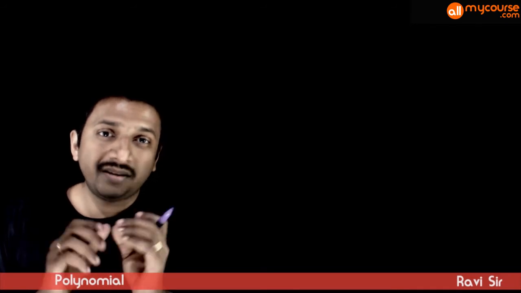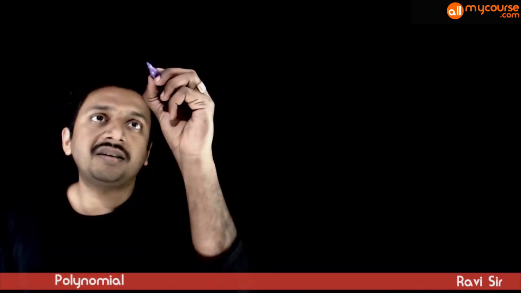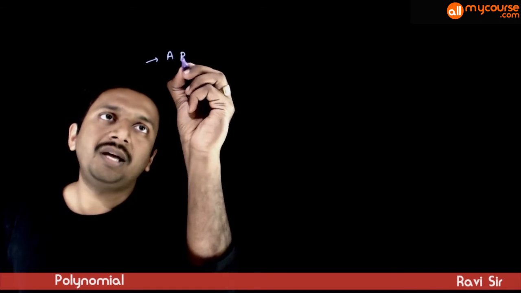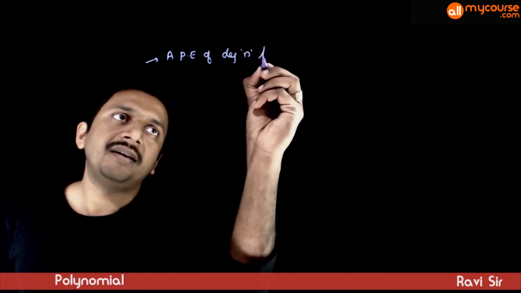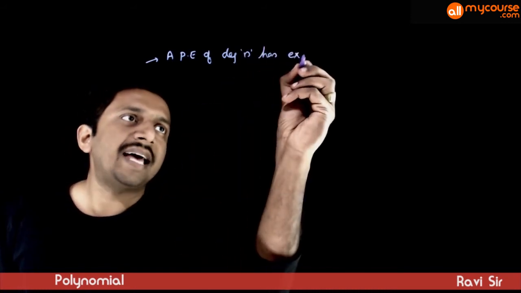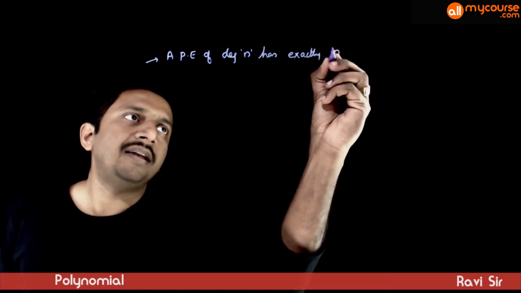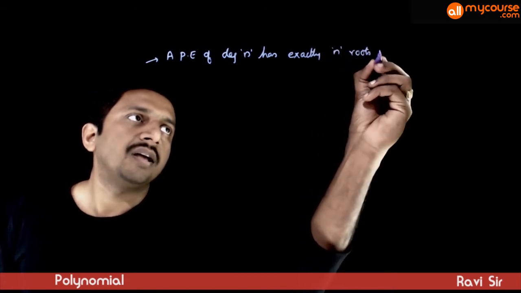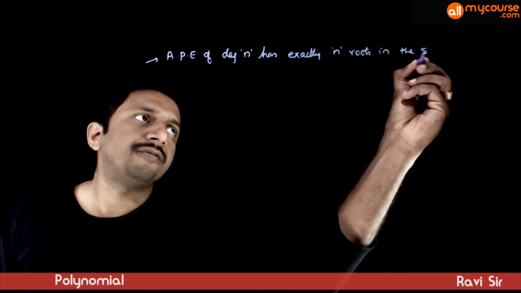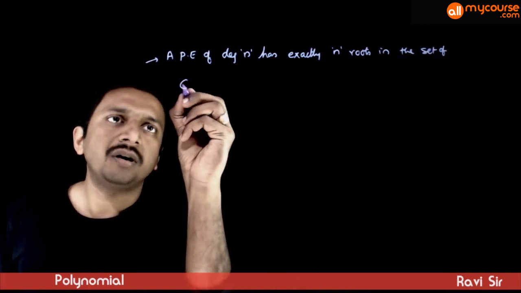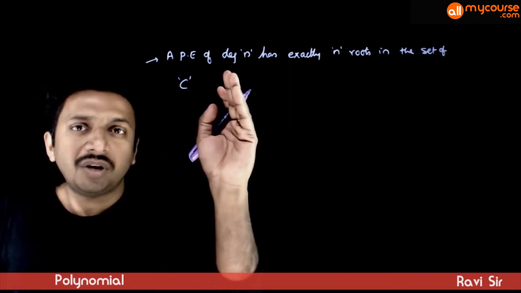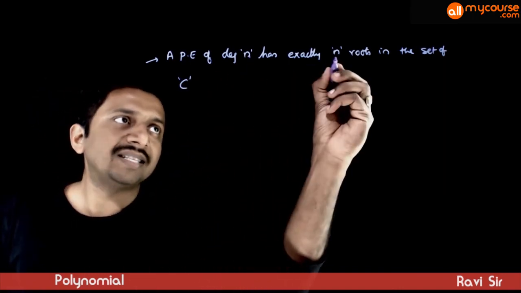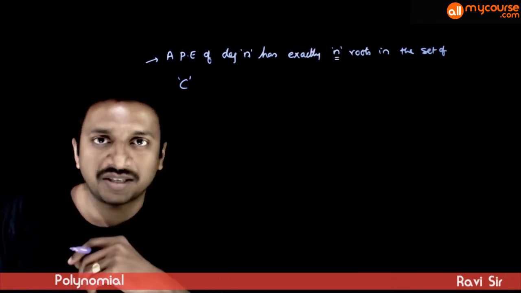So once we understand the concept of roots, the fundamental theorem of algebra says that a polynomial equation of degree n has exactly n roots in the set of complex numbers. So every polynomial equation of degree n has exactly n roots in the set of complex numbers.